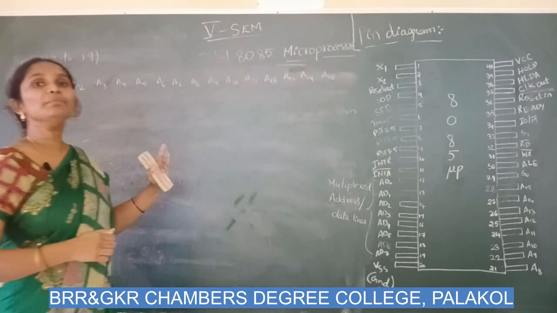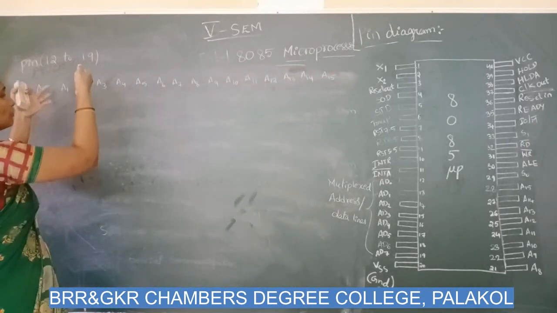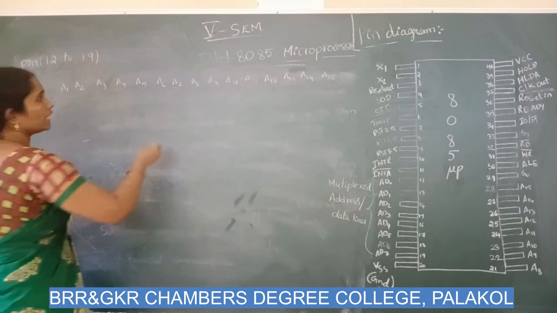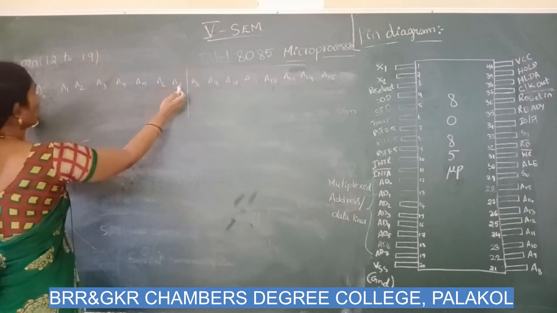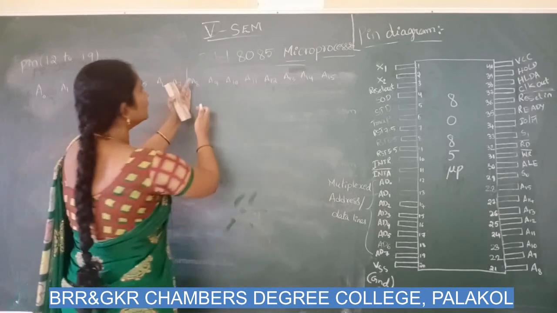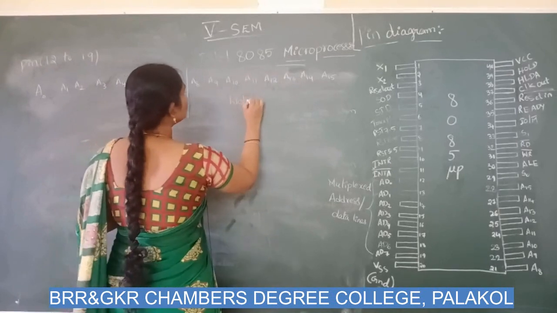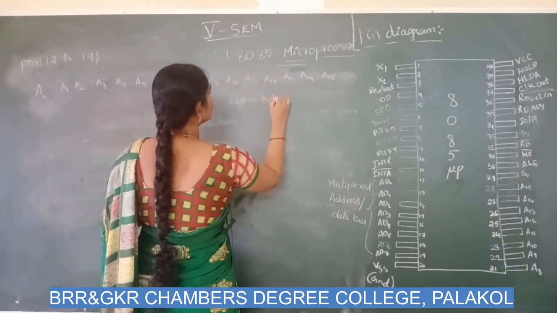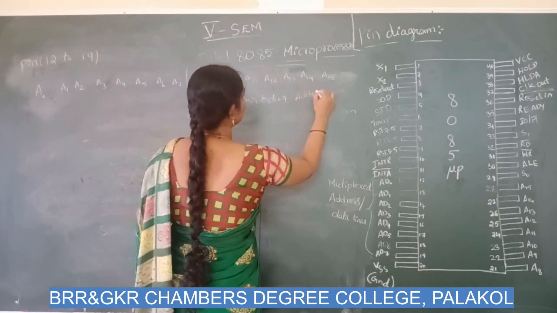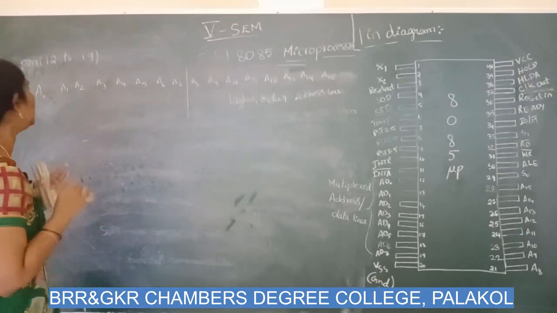These 16-bit address lines are divided into two parts. First one is the lower order address lines and the other is the higher order address lines. So A0 to A7 are the lower order address lines and A8 to A15 are the higher order address lines.